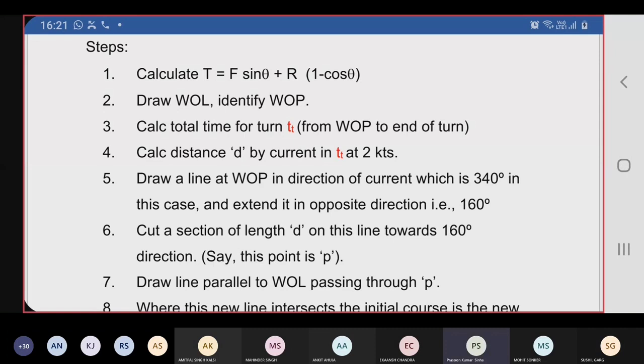Have you finished till point 7? Not yet, sir. Okay.